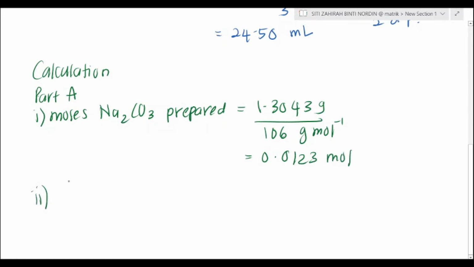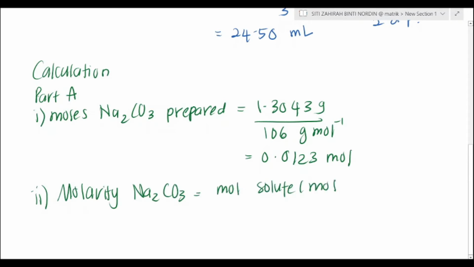Second is to find the molarity of sodium carbonate, and we're going to use the formula of mole of solute in the unit of mole divided by the volume of solution in the unit of liter.